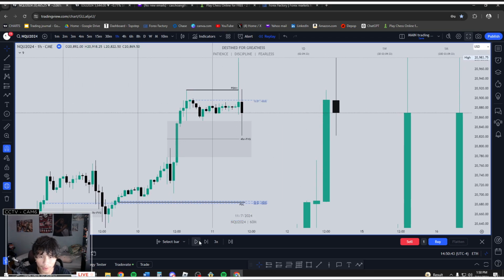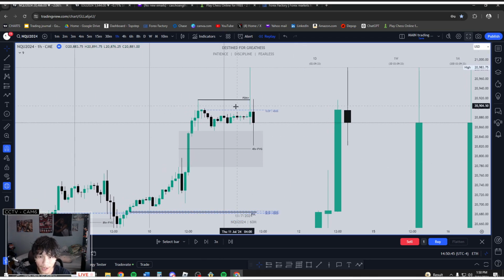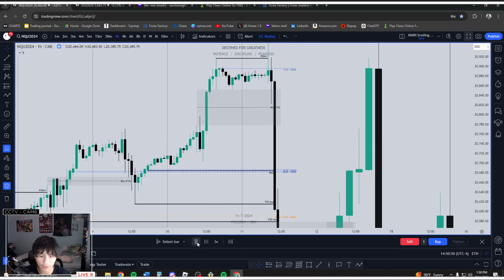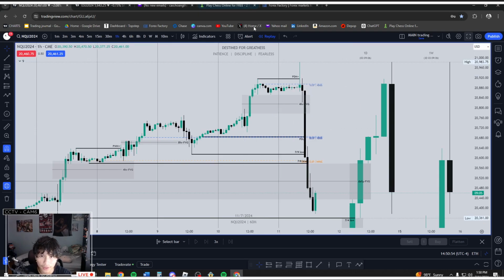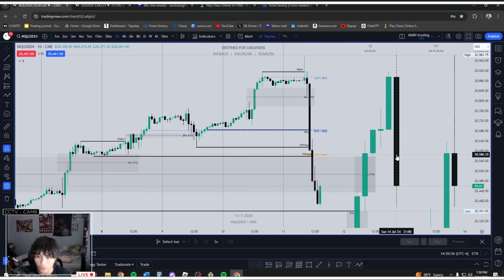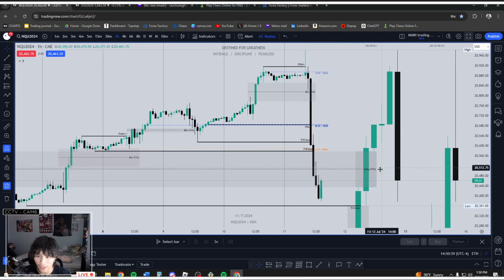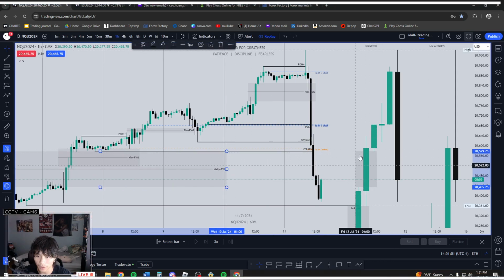And notice how after taking out previous day high, notice the displacement back inside this range. That displacement right here is foretelling that we are going to retrace into this daily fair value gap, noted right here.